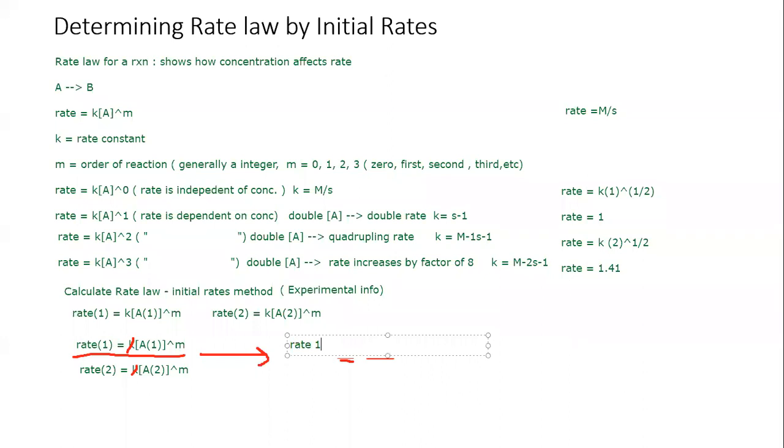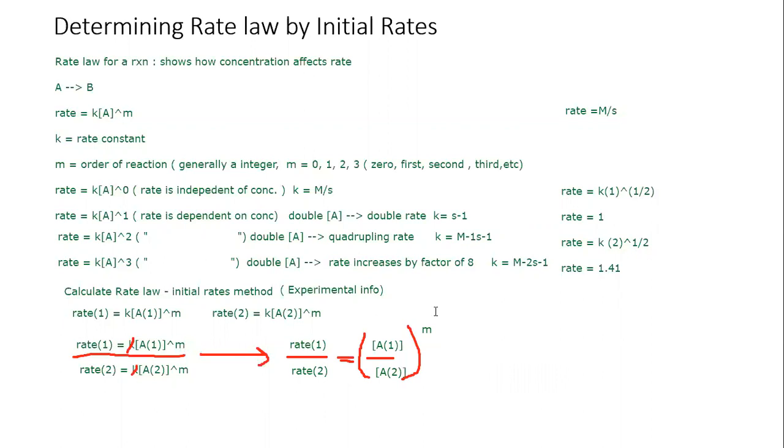It simplifies to rate 1 over rate 2 equals, in parentheses, A1 over A2, and this is all raised to the M. So now you know what rate 1 is, you know what rate 2 is, you know A1 and A2, you can solve for M. Most of the time, you can actually visually determine what the power of M is.